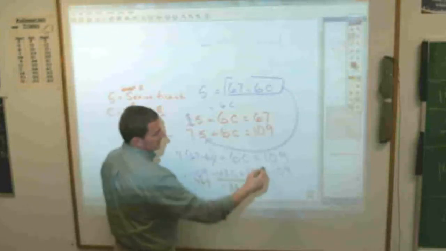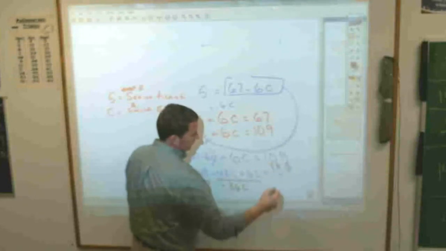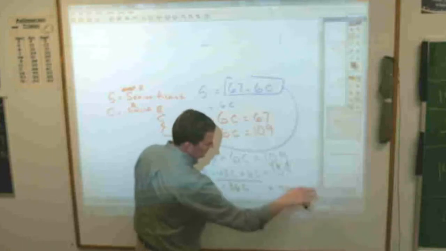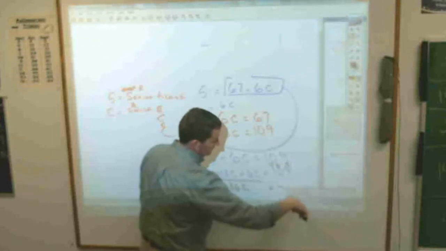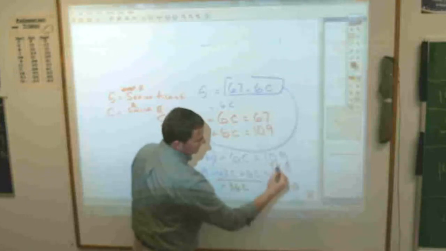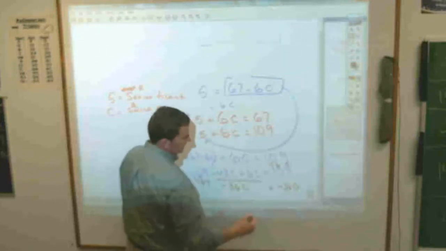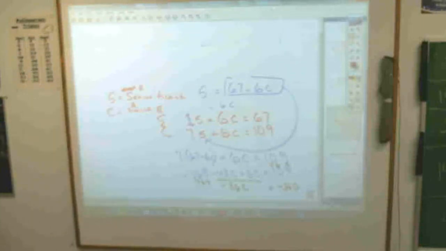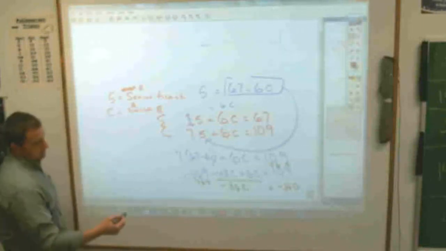Subtracting 469 from 109, 9 from 9 is 0, 0 from 6. Oh, look how nicely that works out. I get negative 36C equals negative 360.